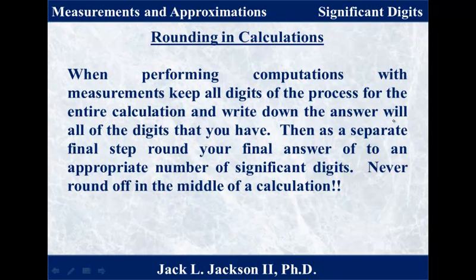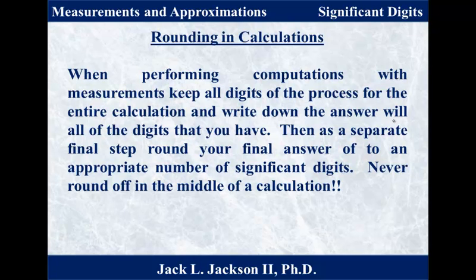Now this is another very, very important thing, so be sure that you get this. When performing computations with measurements, keep all the digits of the process. Every digit you can work out, or if you're using a calculator, every digit your calculator has. For the entire calculation, every step along the way, keep every single digit, never round off.